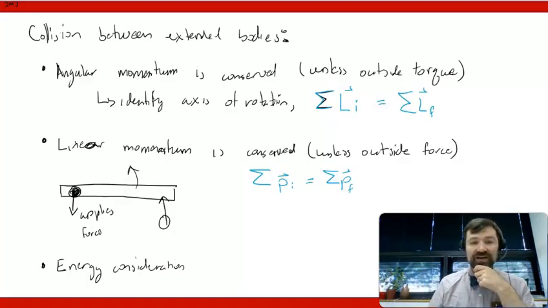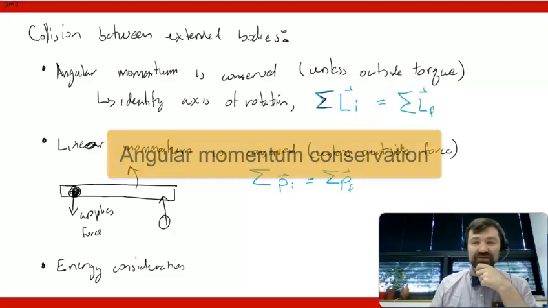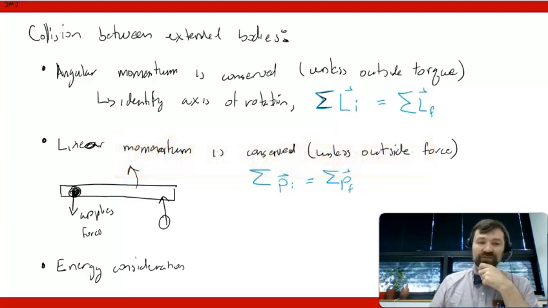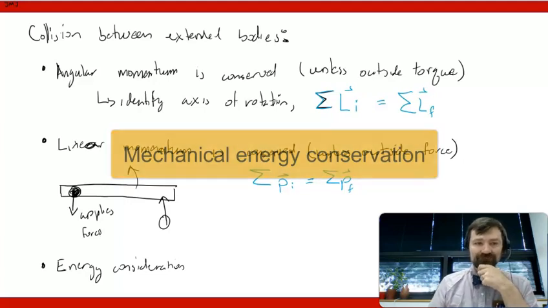And that forces the axis of rotation to be wherever it's fixed. These two conditions may be satisfied, but this one may suddenly not be satisfied because there could be an outside force. So this condition has to be satisfied. This one probably won't be. This one probably won't be.